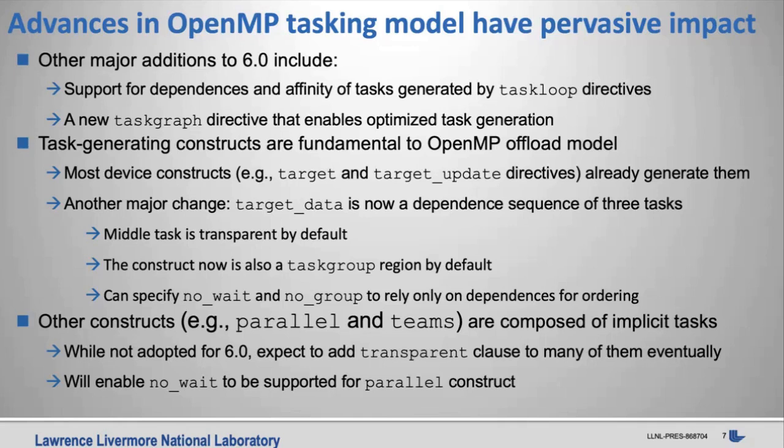And this allows the generation of those tasks to be optimized significantly. This is particularly useful for device constructs, if you were not aware that the device constructs, such as the target construct, are actually task generating constructs.